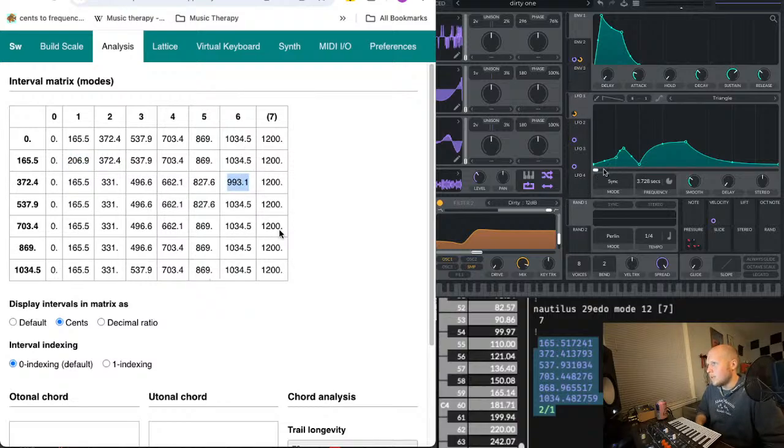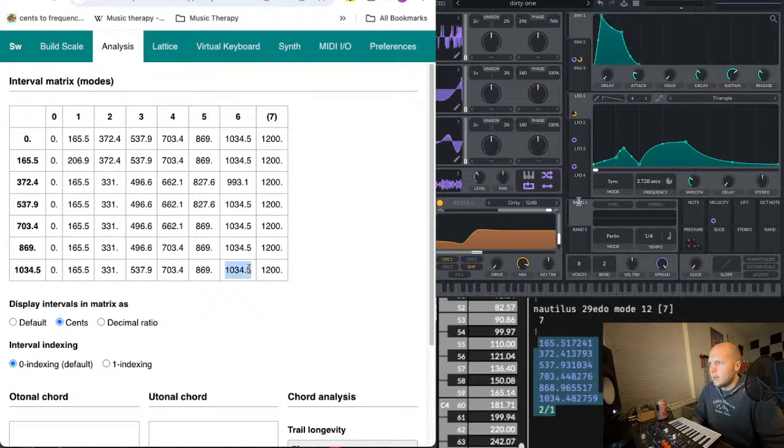And then on the other side, we have the inversions of those intervals. So that would be like a Pythagorean seventh, I guess. And then these would be 11 limit neutral sevenths.